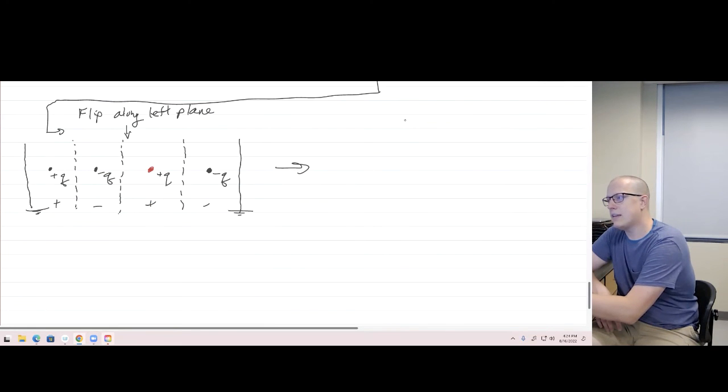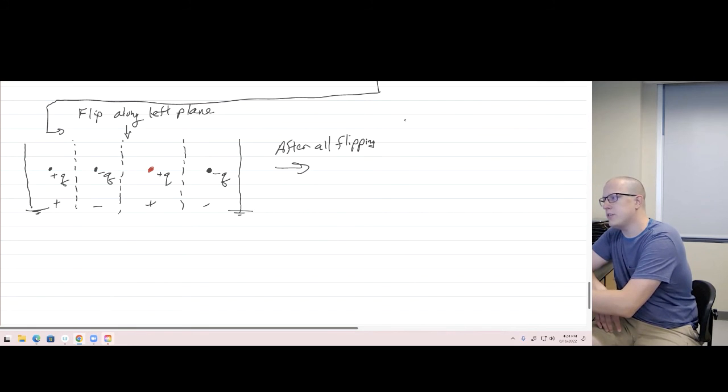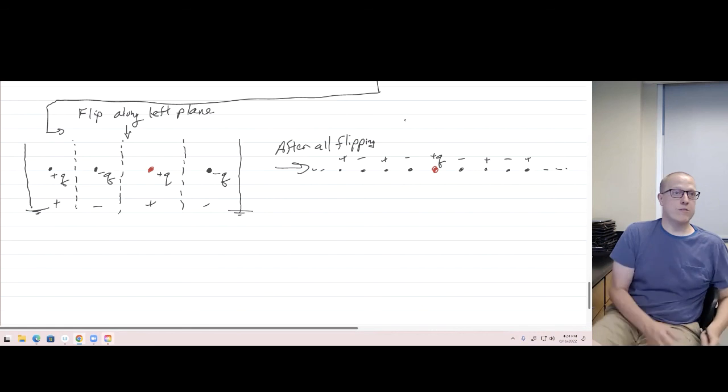And so even though we're not going to infinitely mirror all these, the important point is that in the end, after all the flipping, what we'll end up with is just a bunch of point charges, where we start with plus Q here, and then we're going to have minus, plus, minus, plus, et cetera, all the way down the line infinitely in either direction.